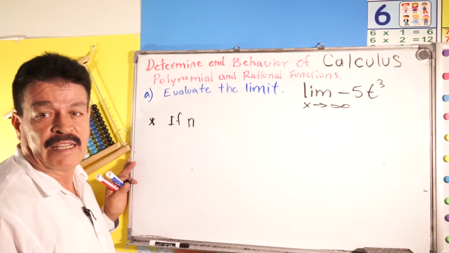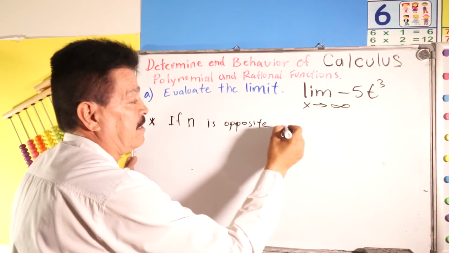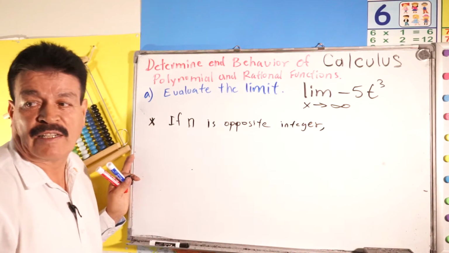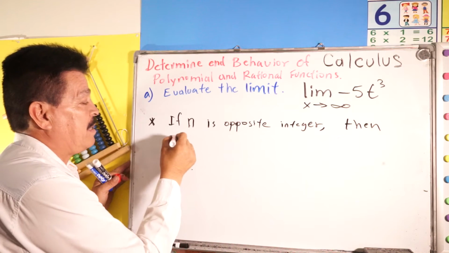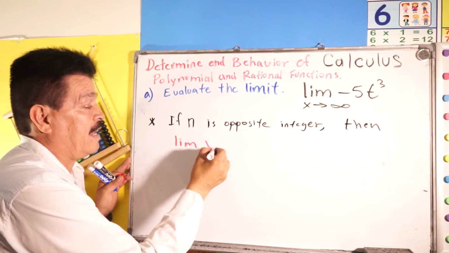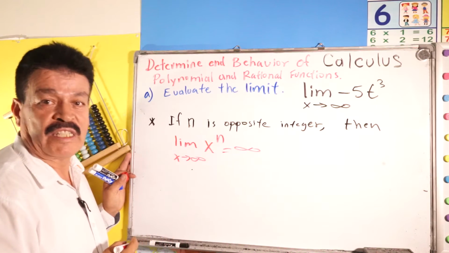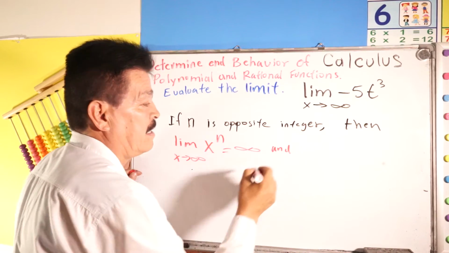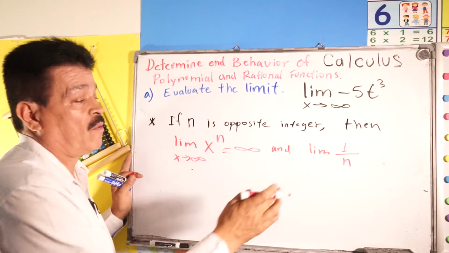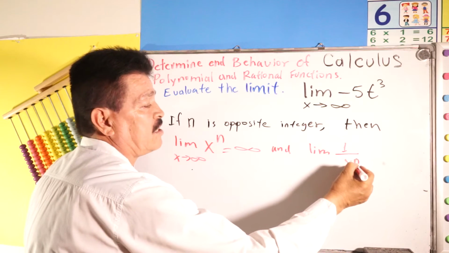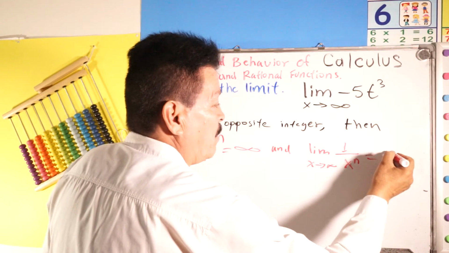If n is a positive integer, then the limit of x to the n when x approaches infinity equals positive infinity, and the limit of 1 divided by x to the n power when x approaches infinity equals 0.